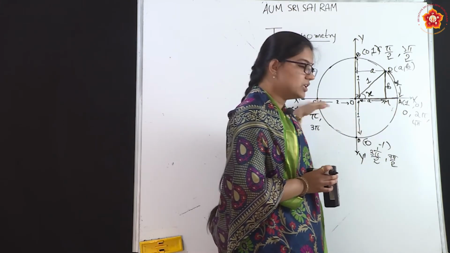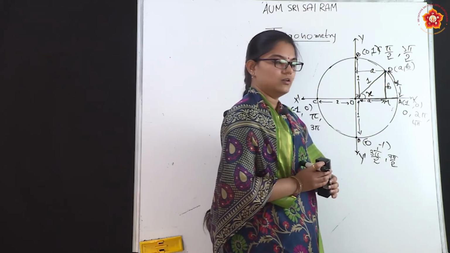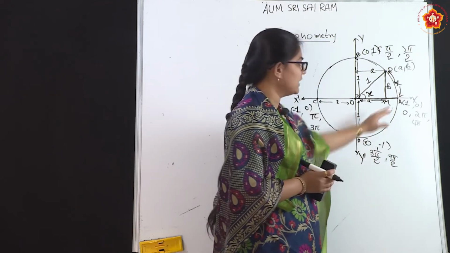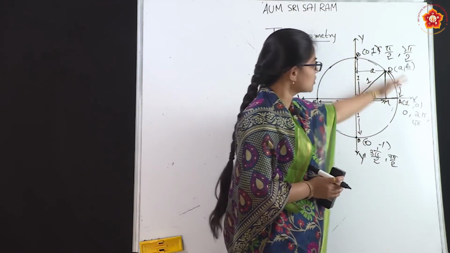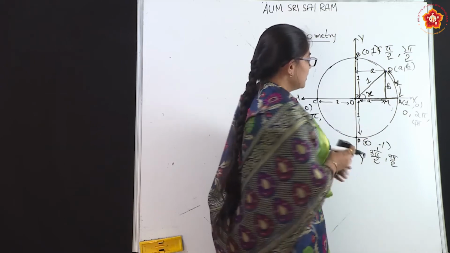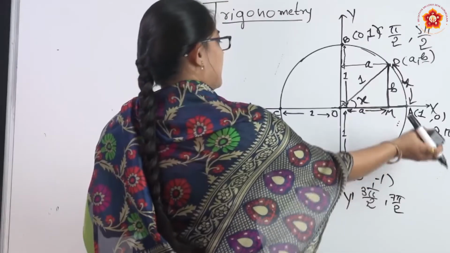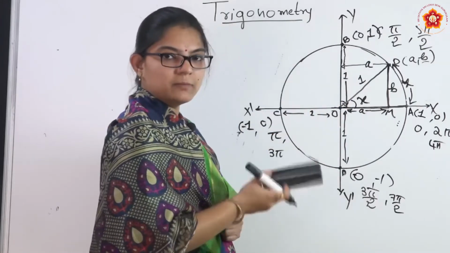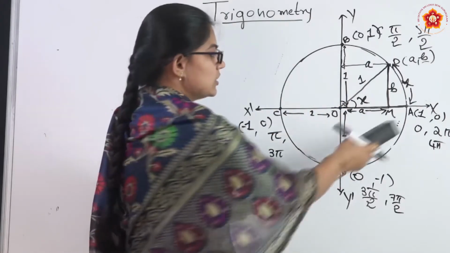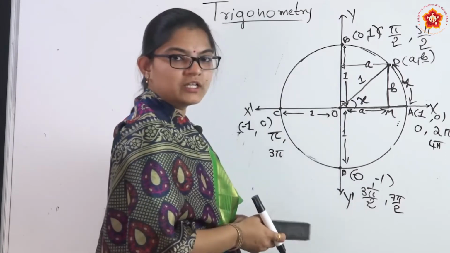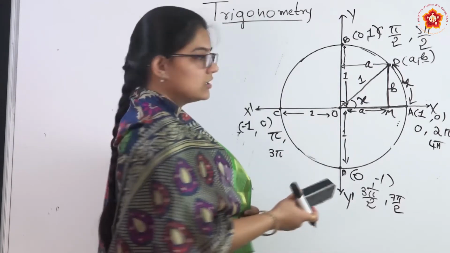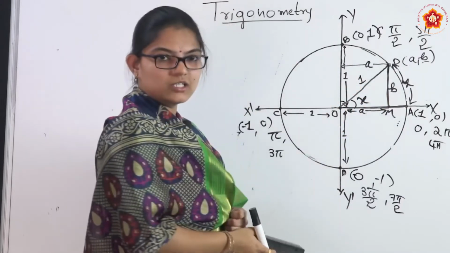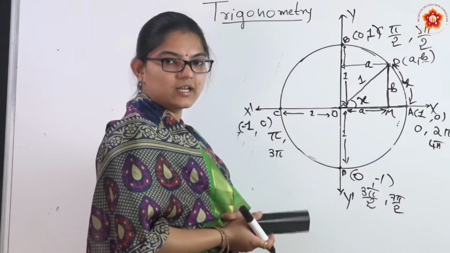Even if you increase the angle by rotating more and more, you can stop anywhere. Here, not only pi, 0 and pi by 2, in between you can find many angles. Pi by 2 is nothing but 90 degrees. So in between 0 and pi by 2 you can find many angles. You can consider 30 degrees, 45 degrees, 60 degrees and 90 degrees. Those are the standard angles.